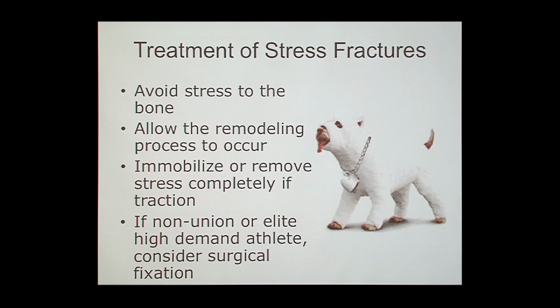And then just be very, very worried about these non-union type situations. Or if you've got an elite, high-demand athlete who's not really going to lay off, you just got to be careful. Like some of these young kids, you tell them to take off 4 weeks, they're going to take 1 week off. You just got to anticipate that.